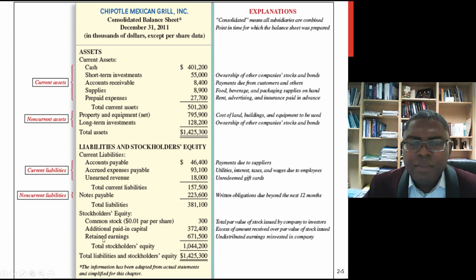And below the liabilities, we have the stockholders' equity accounts, and the different accounts are common stock, additional paid-in capital, and retained earnings. So that is the balance sheet. We always will find that the assets will be equivalent to total liabilities and stockholders' equity. So the balance sheet equation needs to always hold true.